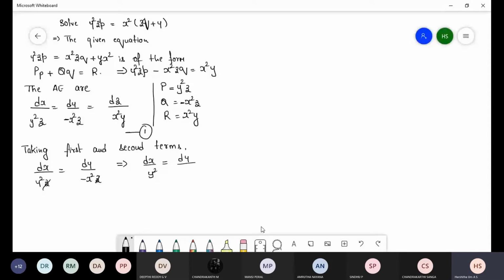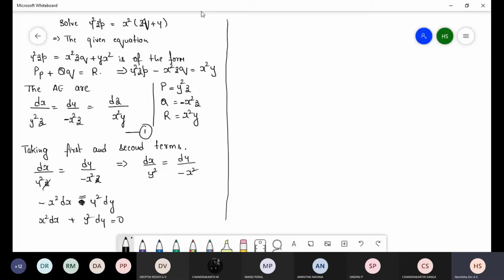Cross multiply, minus x square into dx is equal to y square into dy. Reform the equation. Here x square into dx plus y square into dy is equal to 0.